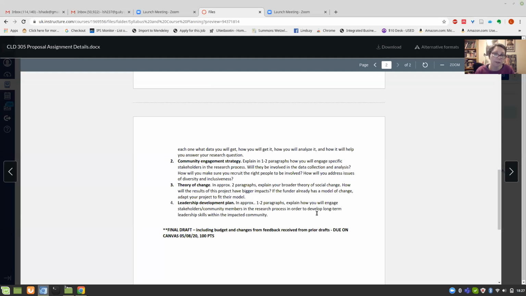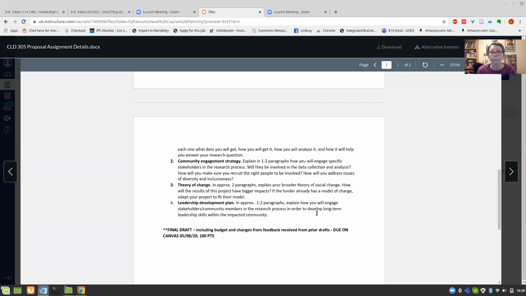Okay, so the next piece is going to be your theory of change. This is really short and sweet, but it can be a tricky one. This is where you think about that big picture issue. What are the outcomes that you hope this research is going to generate? And how does your research design and methodology fit in with those big picture outcomes?